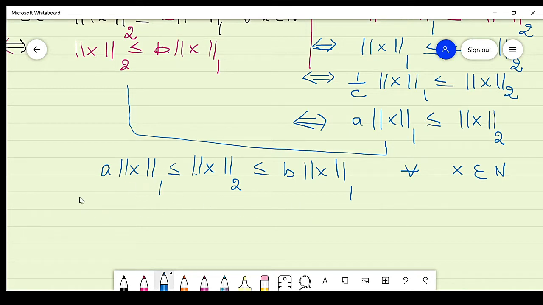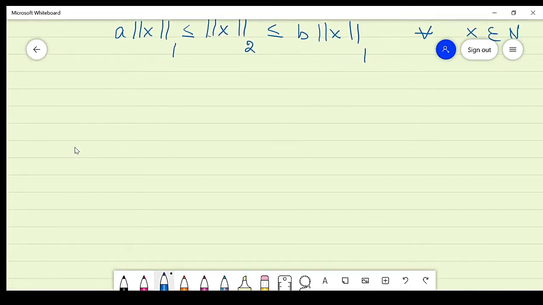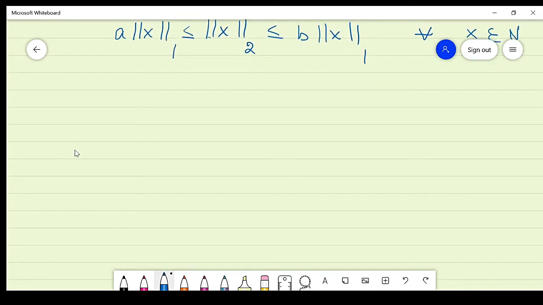Now again, when we use the continuity of linear transformation, we know that the inverse image of an open set under a continuous function is again open, right?